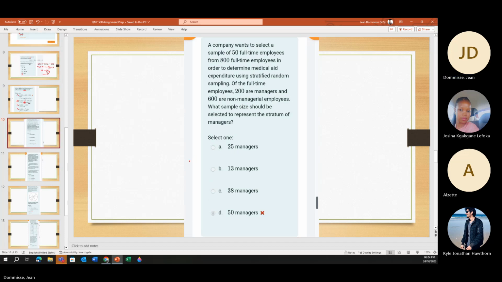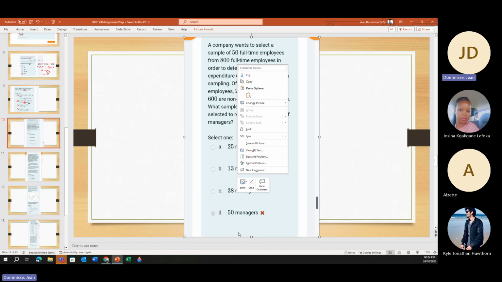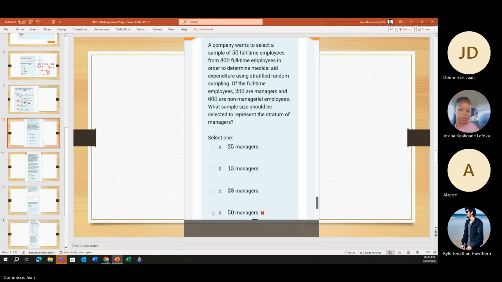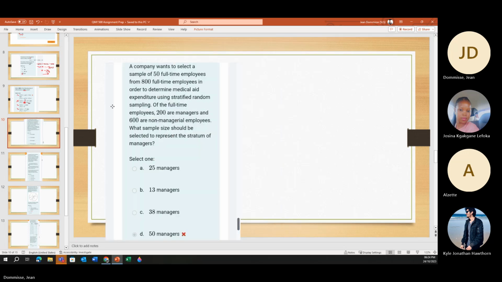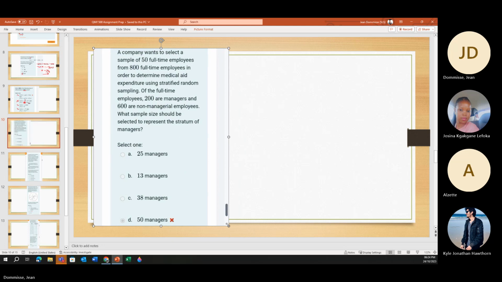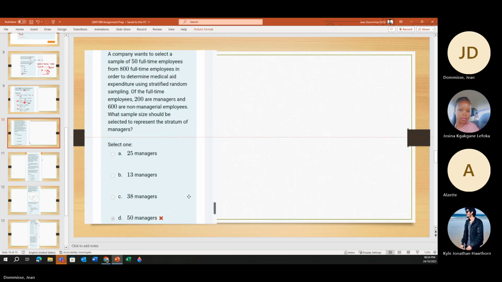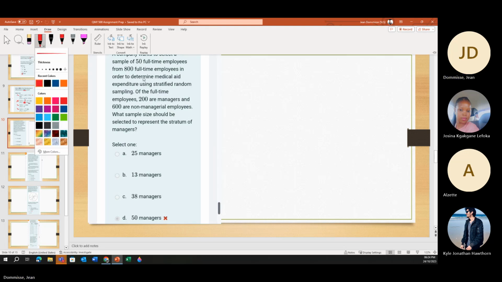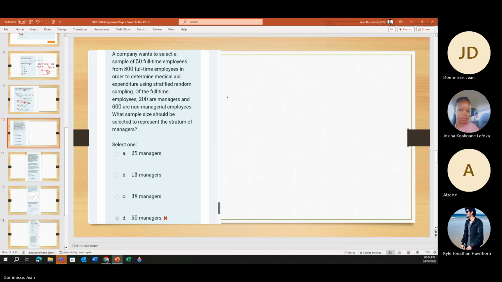Okay, so next one. Let's quickly crop this as well, see if we can fit it in. Okay. A company wants to select a sample of 50 full-time employees from 800.